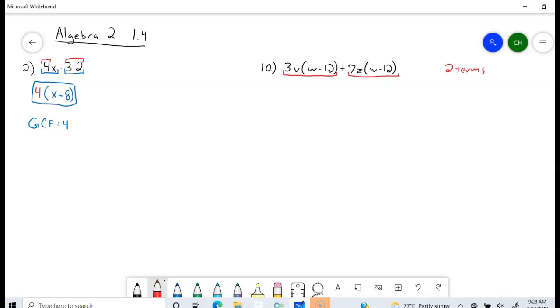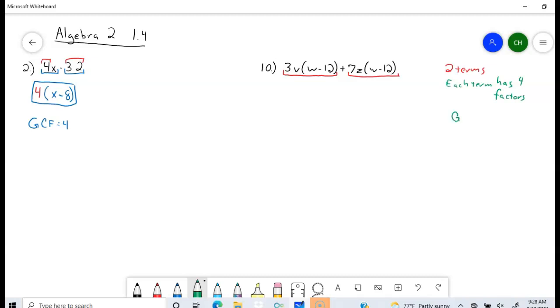All right. Now, let's see. Each term has 4 factors. I'm about to find out what they have in common.